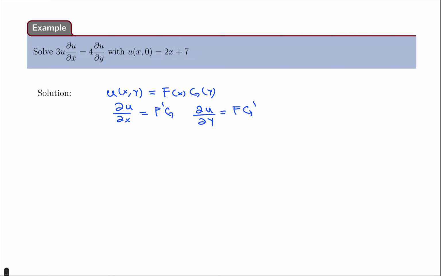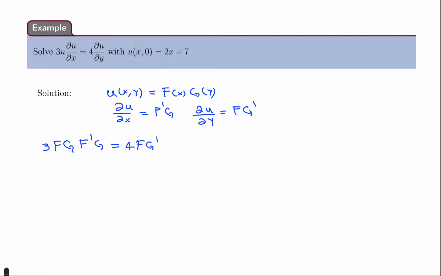Okay, so substituting this into the PDE, 3u is 3 times the product of f and g, times partial of u with respect to x, which is f prime g, and that equals 4 times the partial of u with respect to y, which is f g prime.